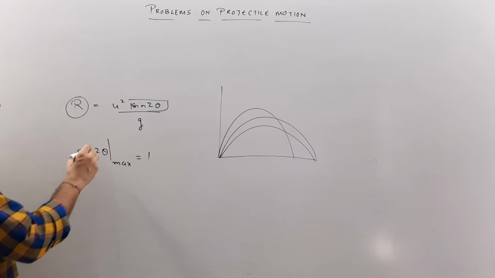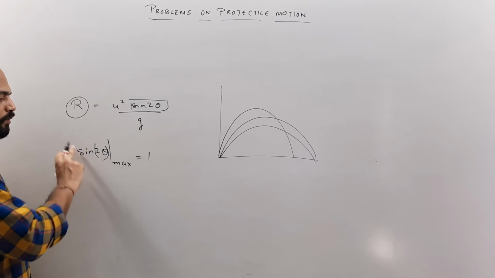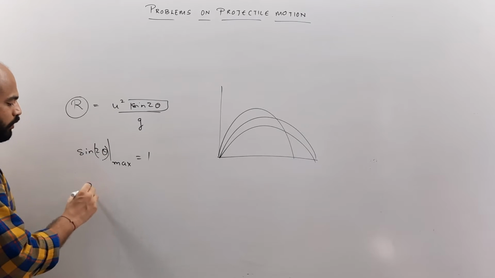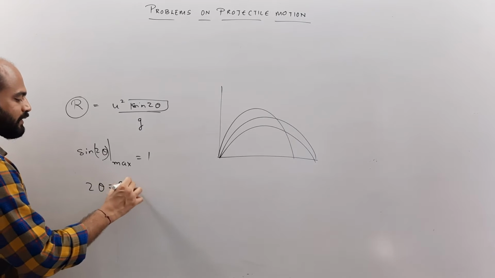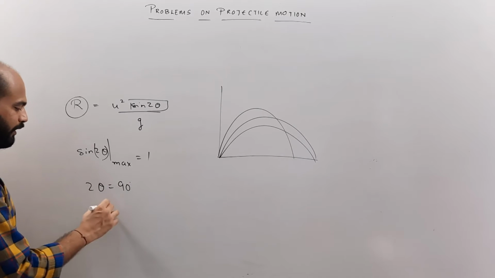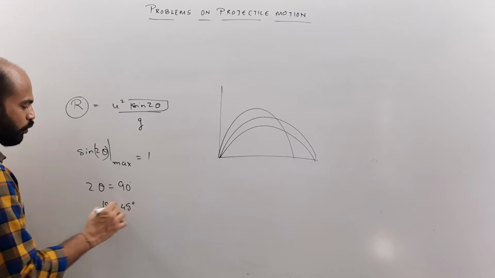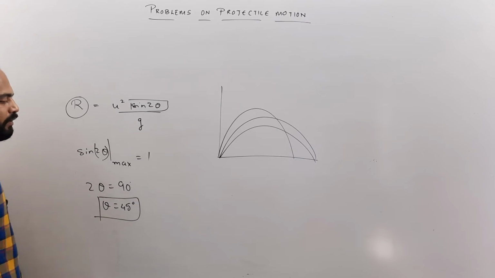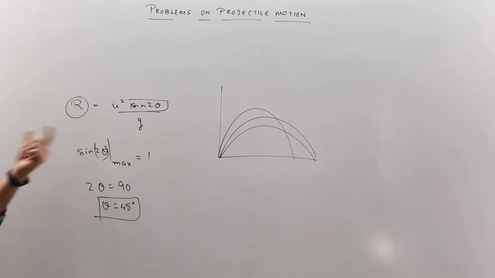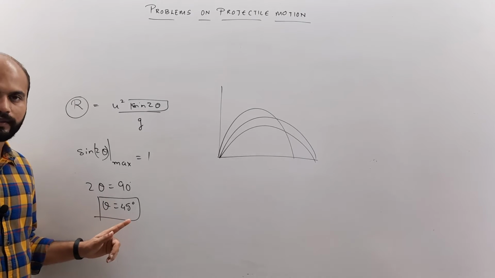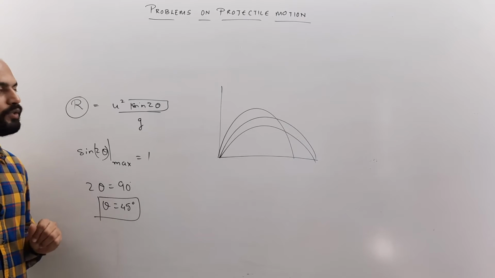Over here we have sine 2 theta. Now when will this become 1? When 2 theta is 90 degrees. So theta should be 45 degrees. Only then at that point will we have sine 2 theta equal to 1. So it means that we will get maximum range when theta is 45 degrees. So that is the answer of this question.